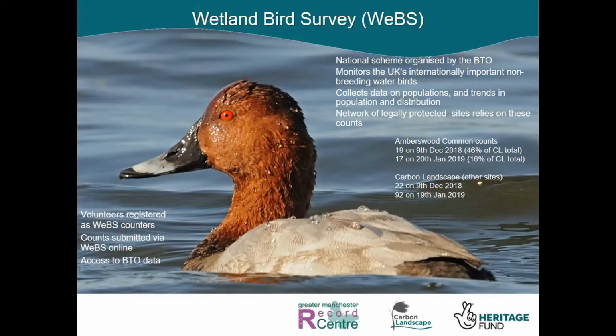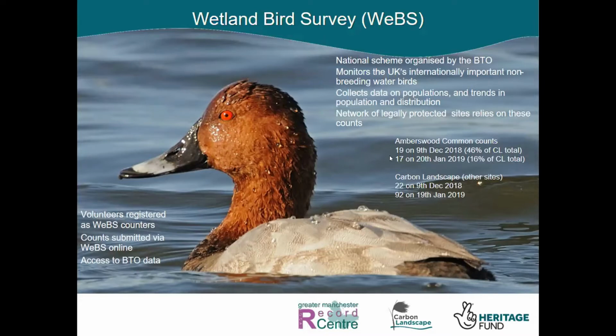But what we did do is we had a look at some of the smaller sites which weren't being covered at the time. We did find one or two where we recruited some volunteers to go out and do surveys. One of these was Amberswood Common, and we had quite a pleasant surprise there, because the volunteer found quite nice little flocks of pochard on the lake there.